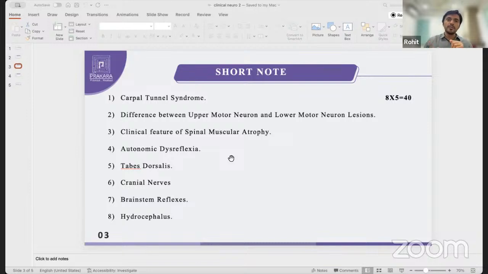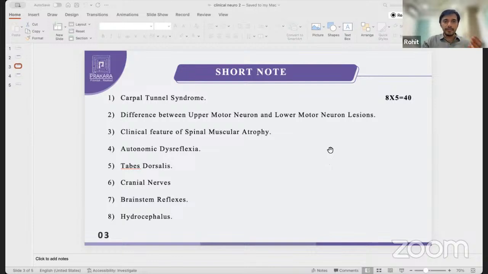It can be in the form of difficulty in holding objects or difficulty in holding footwear. All the other SMA types, type 0, 1, 2, 3, occur autosomal recessively, whereas adult onset SMA, or type 4 SMA, can occur autosomal recessively or autosomal dominantly, or it can be sporadic also.